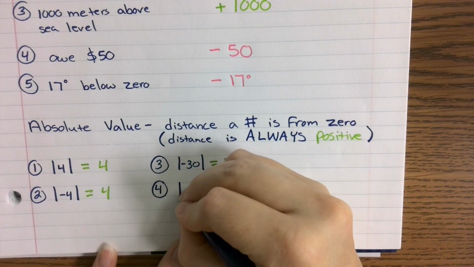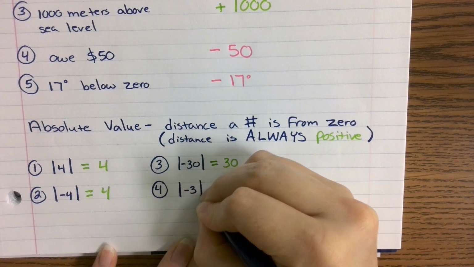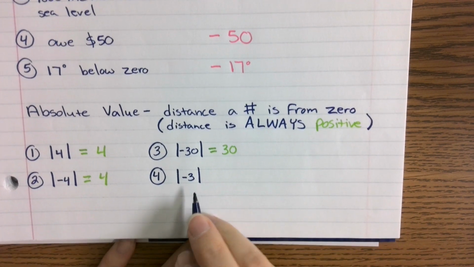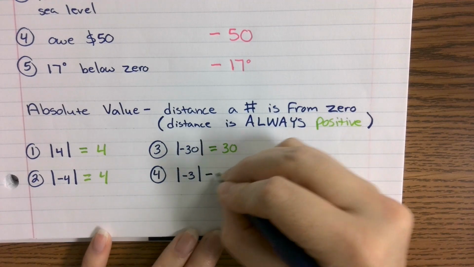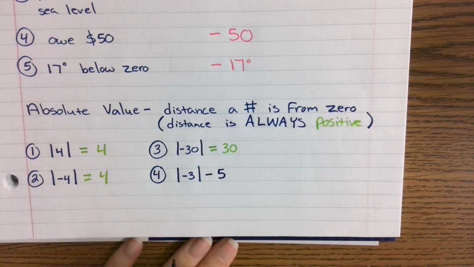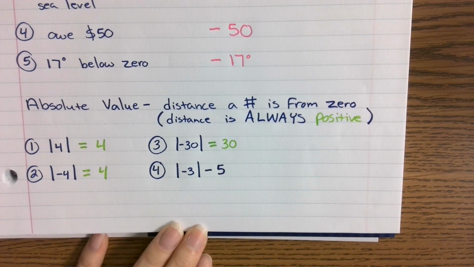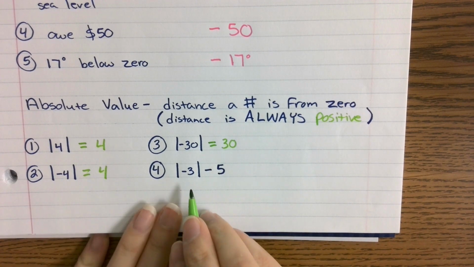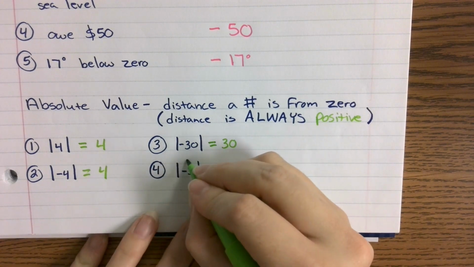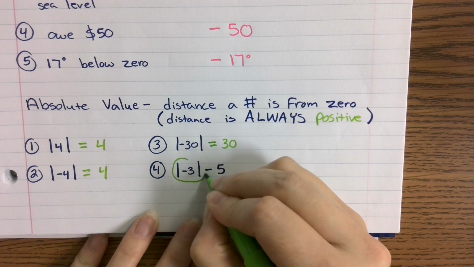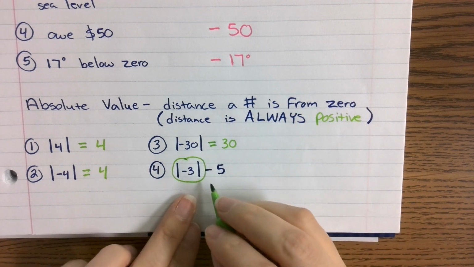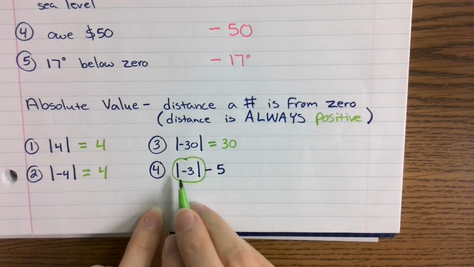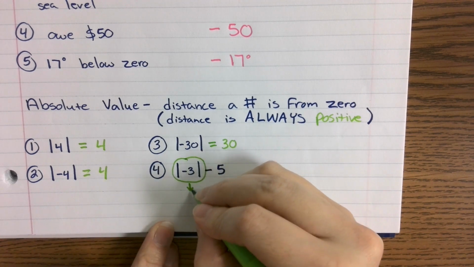Now, if I have a problem like the following, the absolute value of negative 3, and I'm going to then subtract a 5, this is a little bit different. The first thing that we would have to do here is find the absolute value of negative 3, which EJ already told us. He said it's going to be 3. Absolute value of a negative 3 is going to be a positive 3.